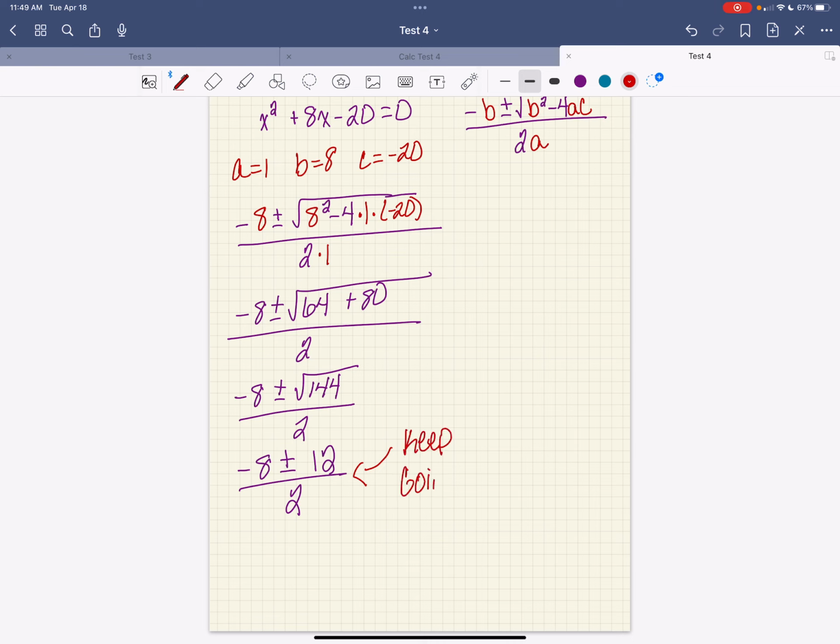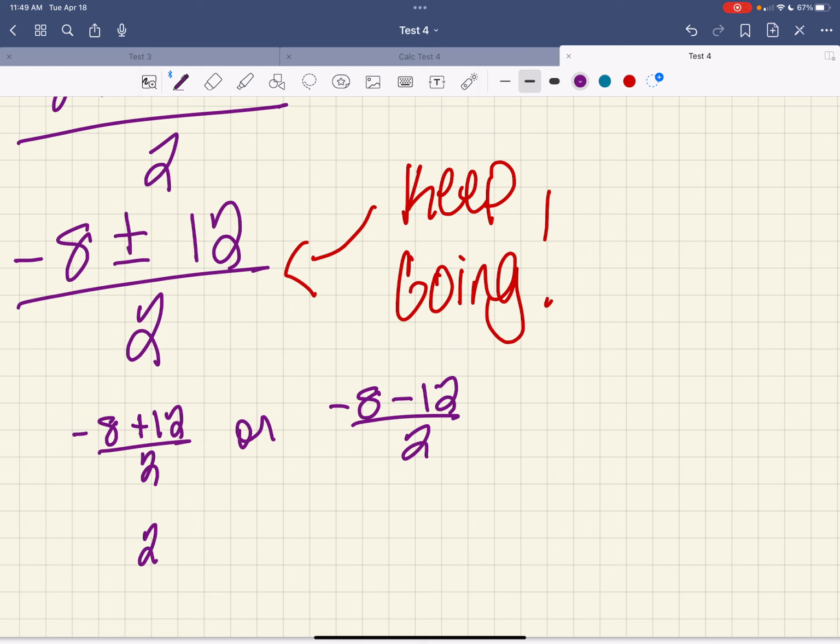What this means is negative 8 plus 12 over 2 and negative 8 minus 12 over 2. Negative 8 plus 12 is positive 4, divided by 2 is going to be 2.